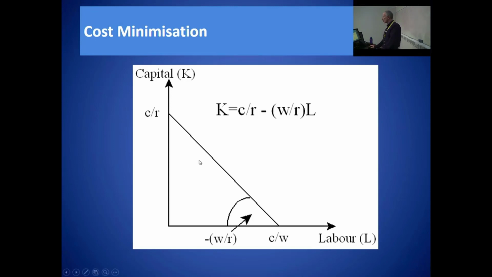And the slope of a budget constraint measures the relative prices of the two goods, the ratio of the price of the good on the horizontal axis to the price of the good on the vertical axis. So there are distinct similarities between a budget constraint that you've seen previously and that isocost curve.